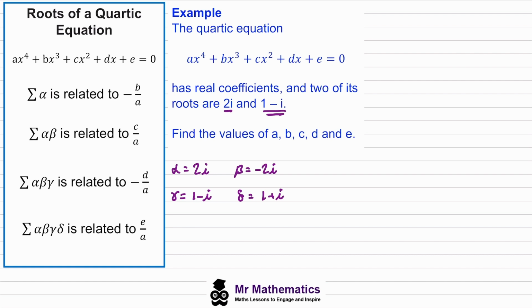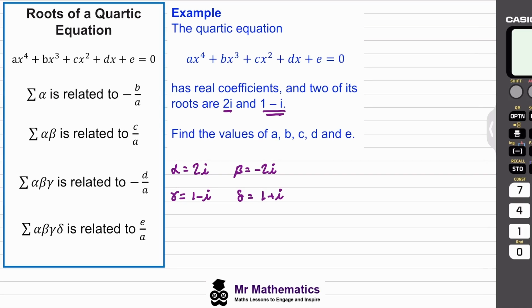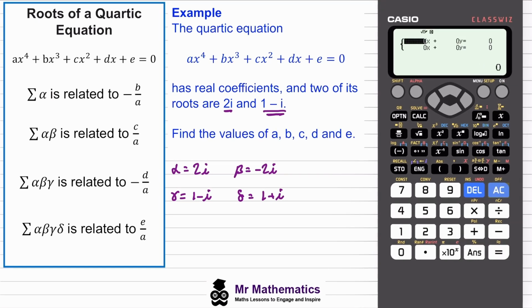I want to show you that by storing these 4 roots in a calculator, we can make the rest of the equation fairly straightforward. On the calculator, we go to menu, and we want complex mode, which is 2. Then we input 2i and store this as variable a.